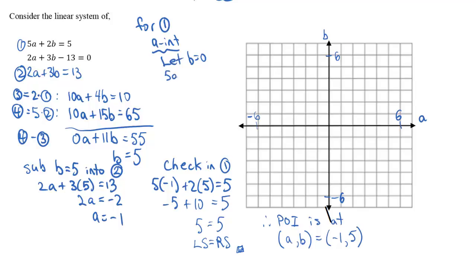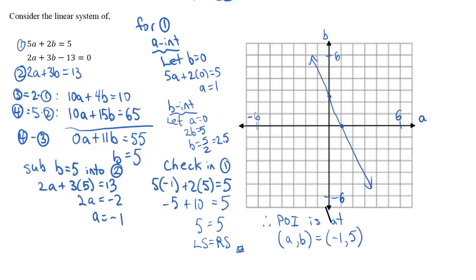This gives me 5a plus 2 times 0 equals 5, and I get an answer of 1. For b intercept, I let a equals 0, and this time I get 2b equals 5, which gives me 5 over 2, which is 2.5, and I can now write down my intercepts and draw my line.